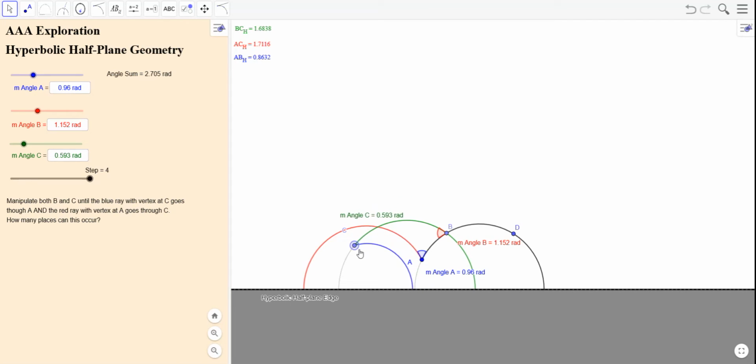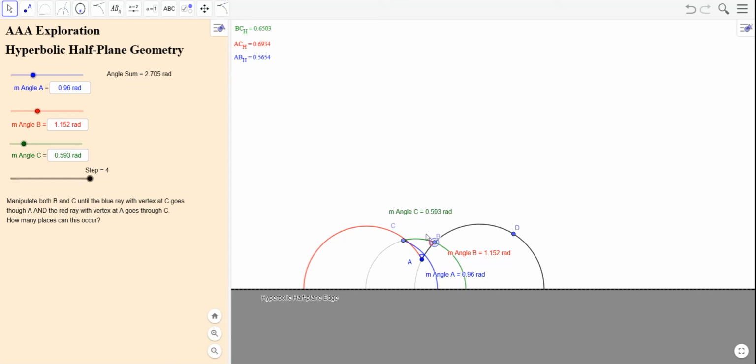And the question is, how many places does that happen? So basically move B in and out, and A in and out here, or that one in and out. And it's actually quite difficult to get this to match up. Okay, so it's pretty difficult to see this in this particular one.